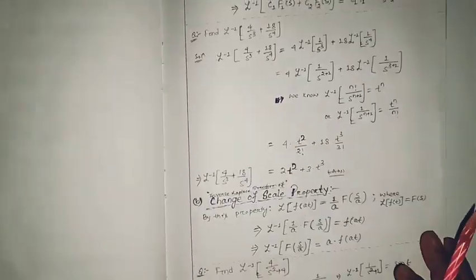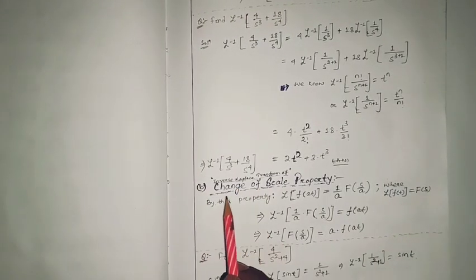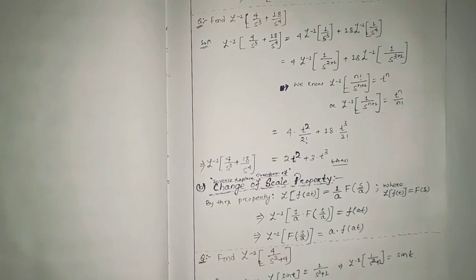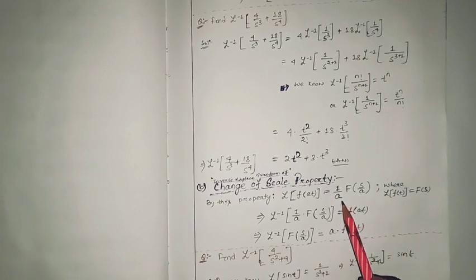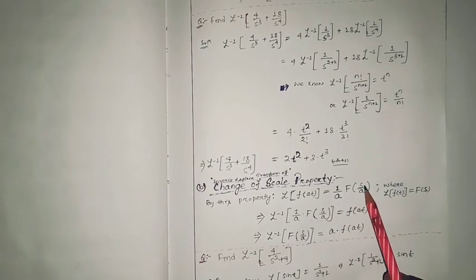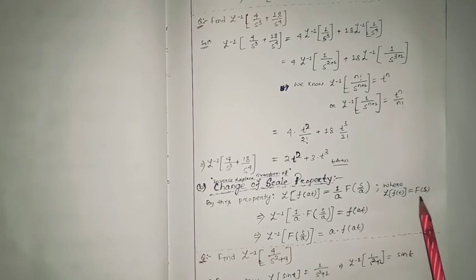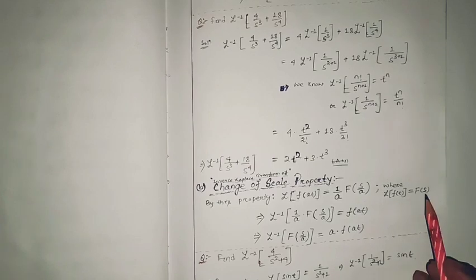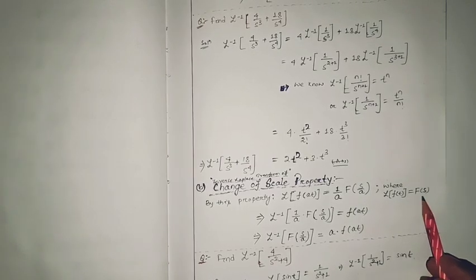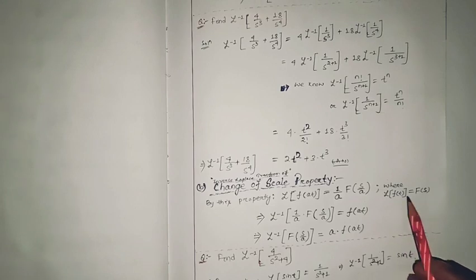Okay, next we are going to go for the change of scale property of inverse Laplace transform. By this property, we know that Laplace transform of f(at) equals 1 by a times F(s by a). Here, Laplace transform of f(t) equals F(s), or we can say inverse Laplace transform of F(s) will be f(t).